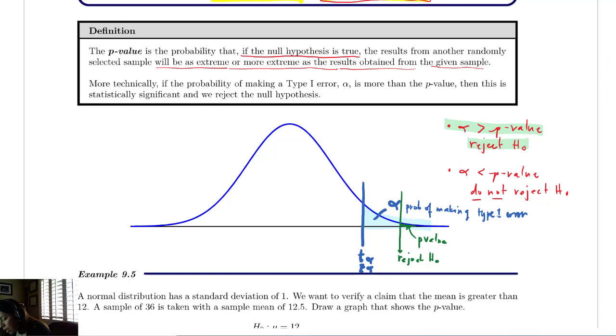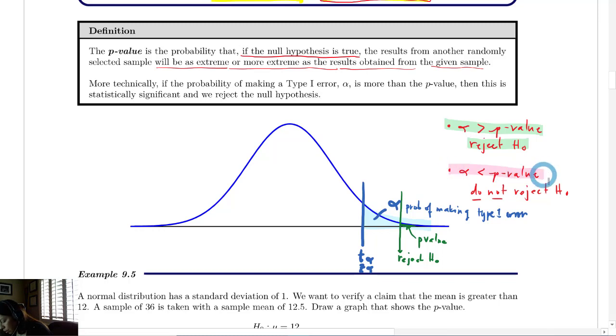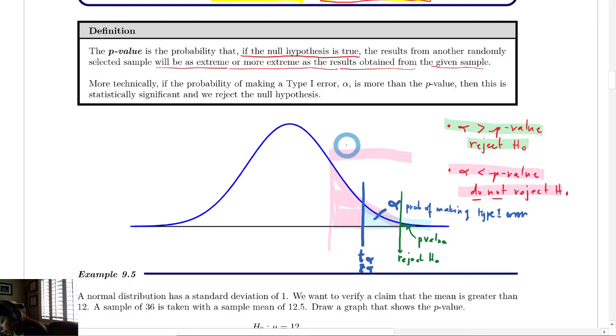So then the next one, here's pink. If the alpha is smaller than the p-value, here we go, get red. So this means that the p-value is greater than the area of alpha. This means you do not reject the null.